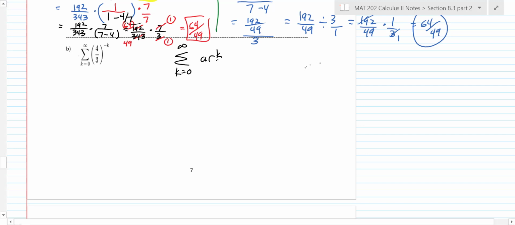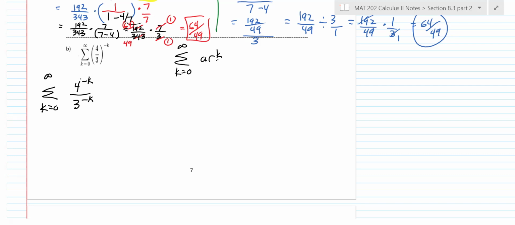So let's work with this a little bit before we do this. So we could write this as the series k goes to infinity. And what you could do is, you can do this all in your head if you want to. I'm going to just kind of carefully show steps so we know that, right? Well, what can you do with negative exponents? You can make them positive, right? You could flip these.